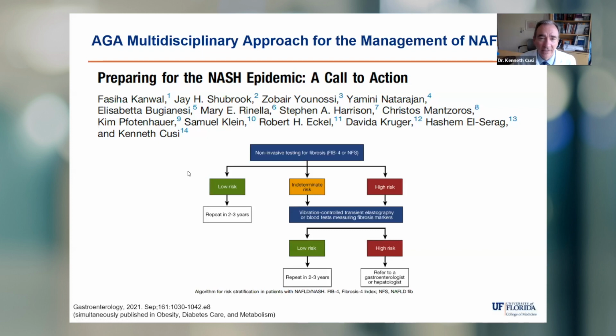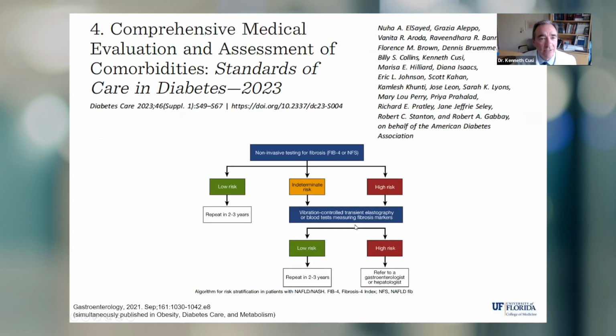And again, this is what you're doing every day: FIB4 followed by transient elastography. This was adopted last year, actually, by the ADA, and this year we eliminated the NAFLD fibrosis score because it overreads. It just gives too many false positives in people with diabetes or obesity, and we added ELF to this workup.